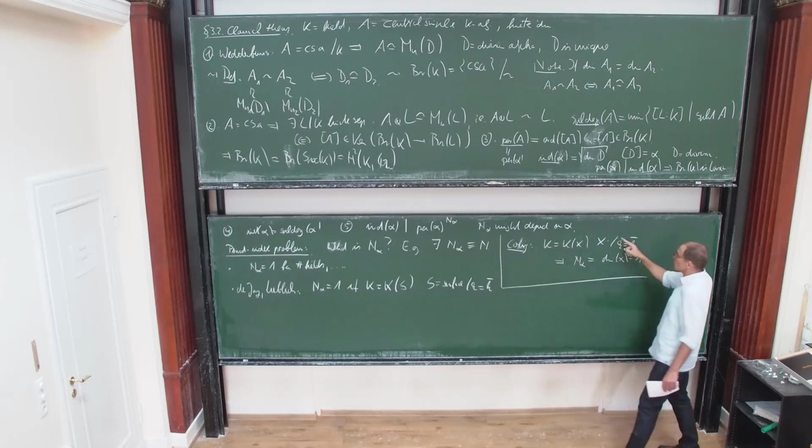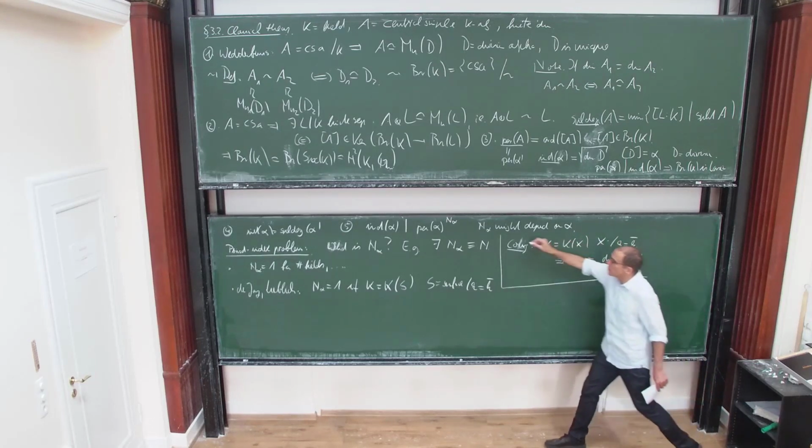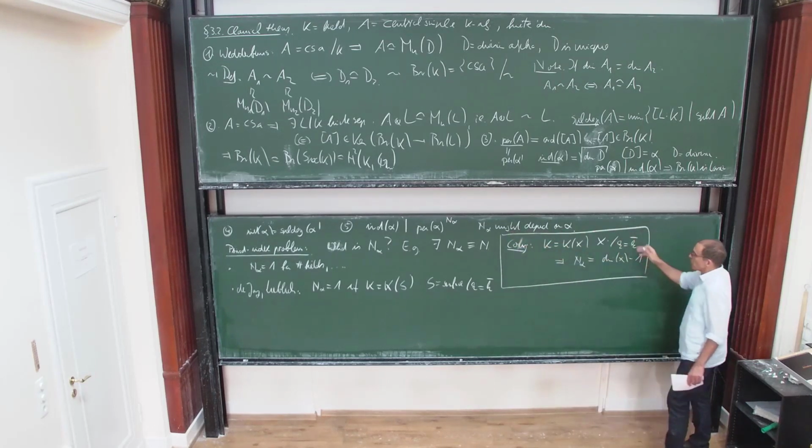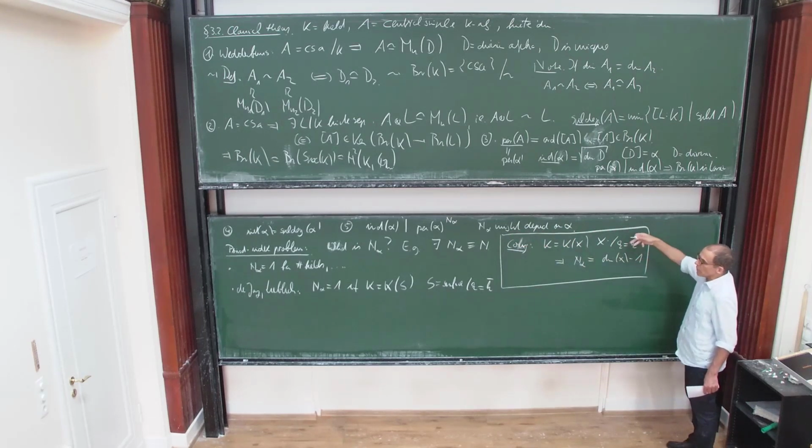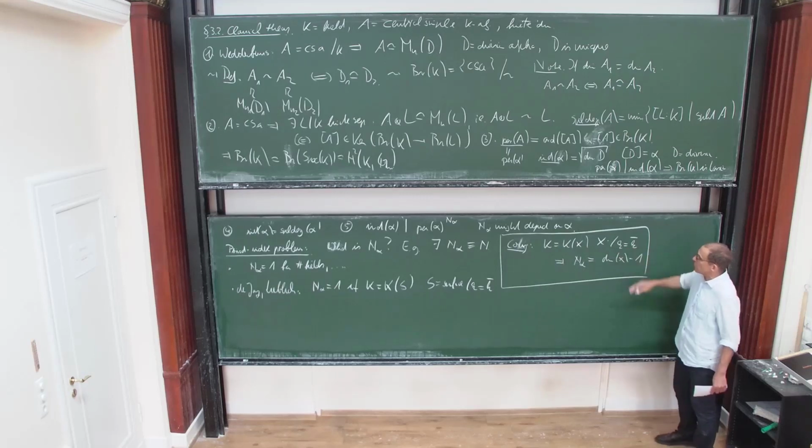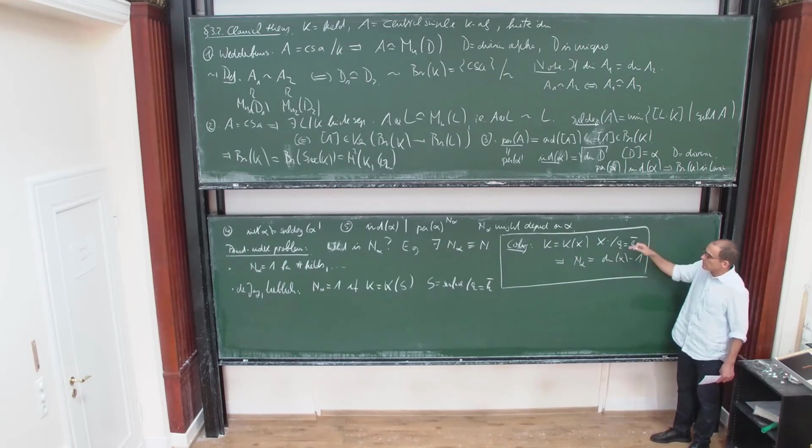This assumption to work over an algebraically closed field has to be put in, because otherwise the Brauer group of the base field is always around, and if you don't put any assumption on the Brauer group of the base field, then anything can happen. And of course, for an algebraically closed field, the Brauer group is trivial.